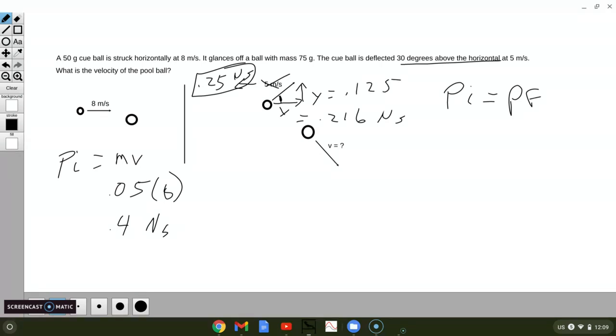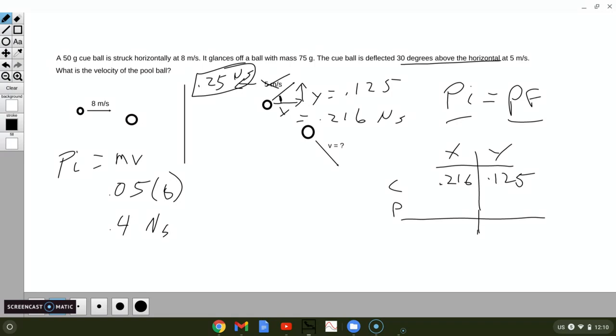and the y value comes out to be 0.125. Now, what we know has to happen is that the final momentum has to equal the initial momentum. So if we take a look here, make a little t-chart. From the cue ball, my x is 0.216 and my y is 0.125. Well, from the pool ball, these things have to add up to 0.4 in the x direction, because that's what it was, and 0 in the y direction.